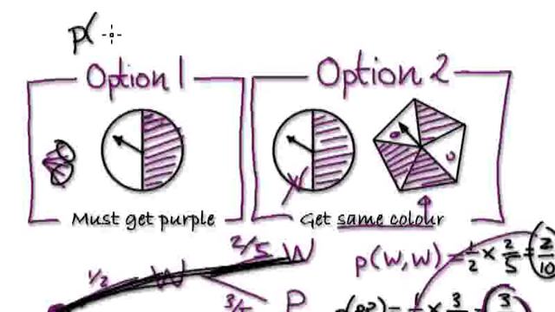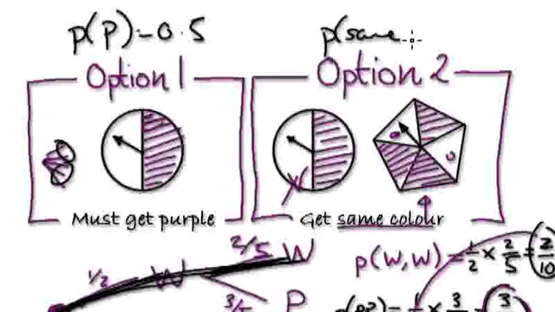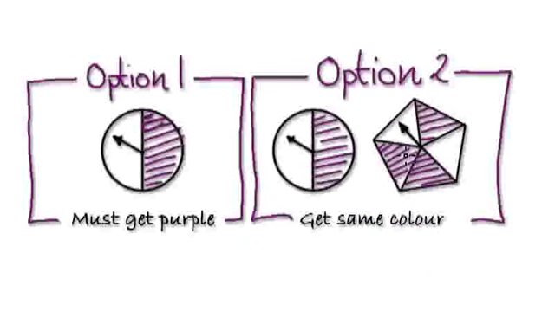The probability of you getting a purple here equals 0.5, and the probability of you getting the same here is also 0.5. So they're equally likely. It doesn't matter which option you take.